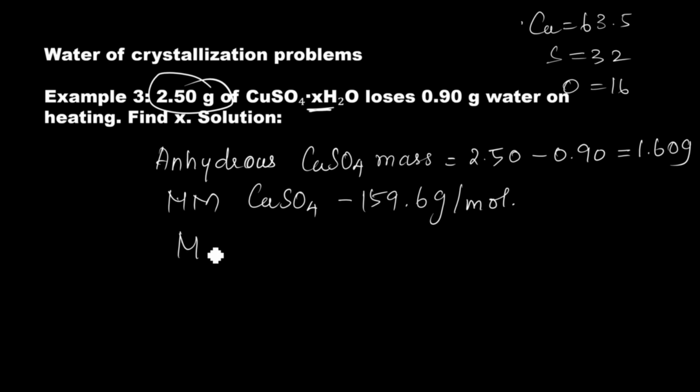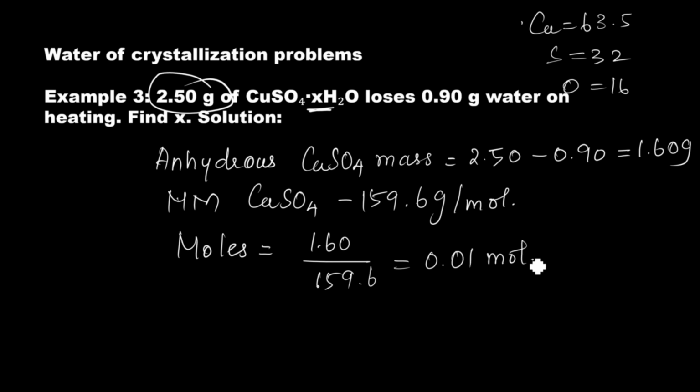So what are the moles? For calculating moles, we have to use 1.60 divided by the molar mass 159.6, that is 0.01 mole. Okay, so similarly we are going to calculate it for water.